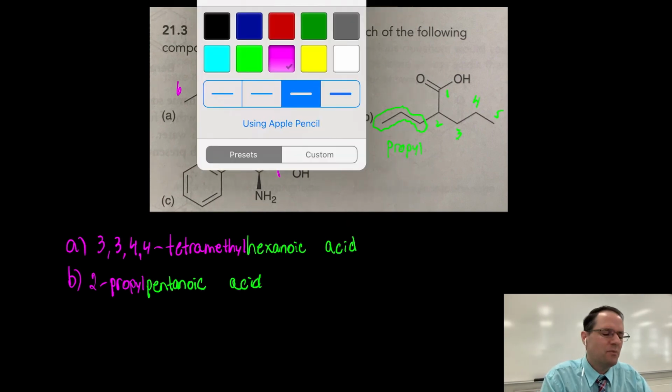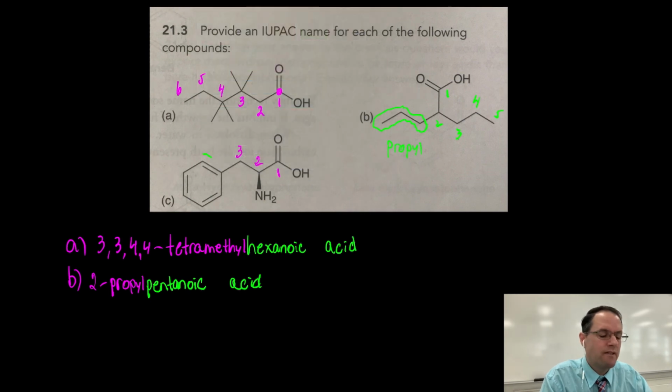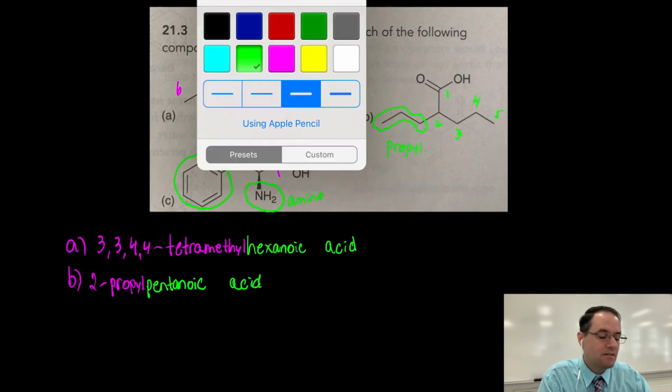And then we have some substituents here that might look a little weird at first, but this guy right here is called a phenyl group, okay, phenyl. And this guy right here is called an amino group, okay? And that's where the term amino acid came from. This is an amino group and it's a carboxylic acid, so they call these amino acids.